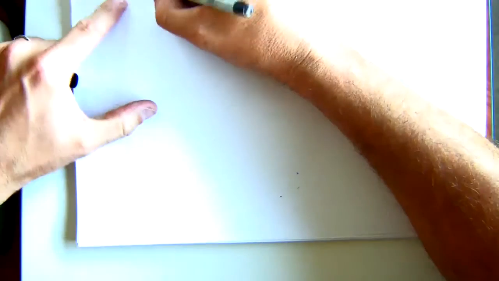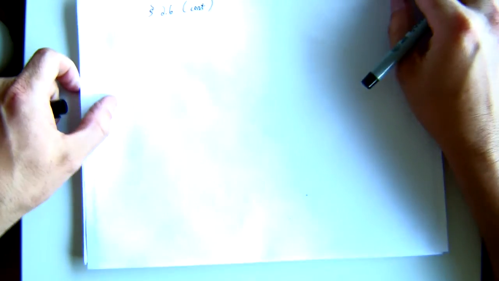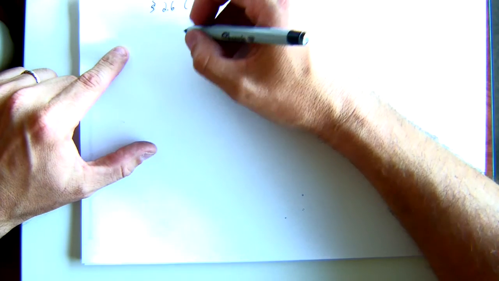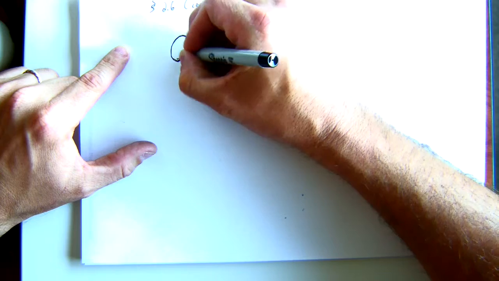One more example. Actually, this will be a non-example. Let's look at the letter Q. Is this letter symmetric about a line or a point?